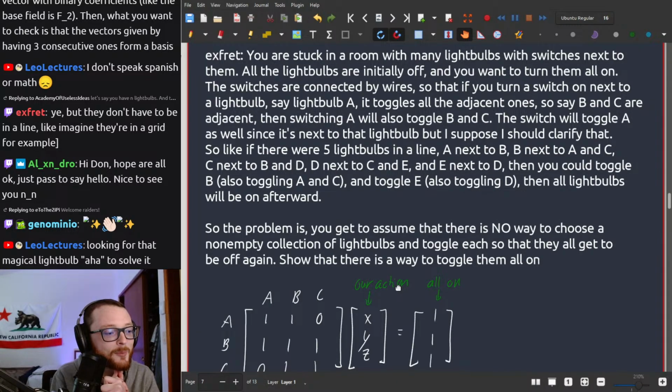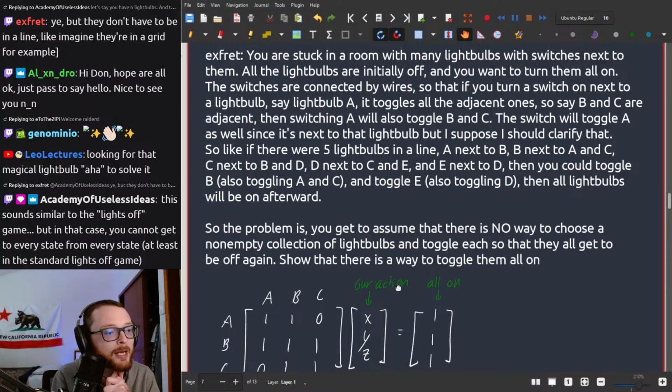Looking for that magical light bulb aha to solve it. True. Let's say you have n light bulbs that you think of their state as an n-dimensional vector with binary coefficients.